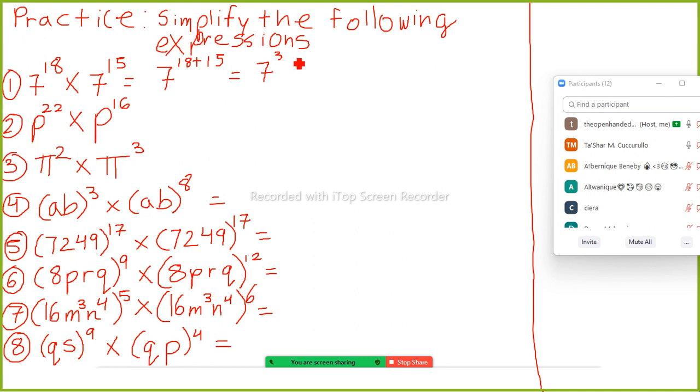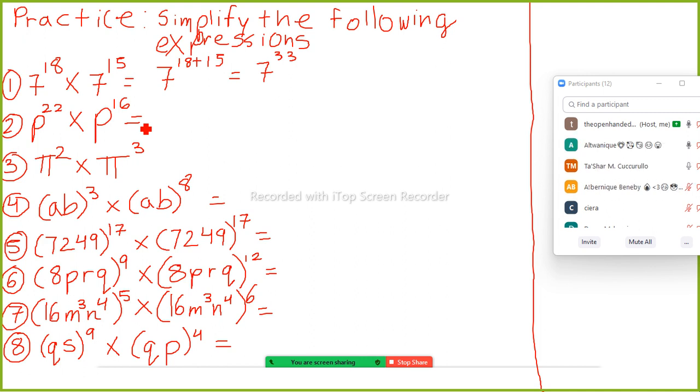Very good. Next up would be Altonique. What did you get for number 2? I got 38.